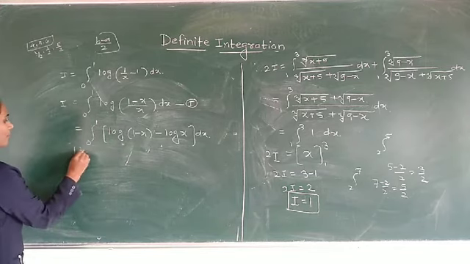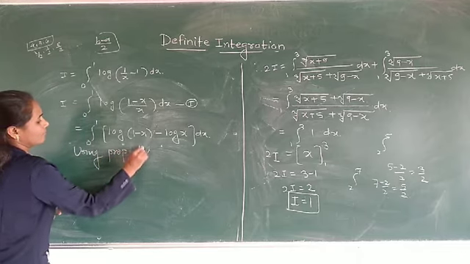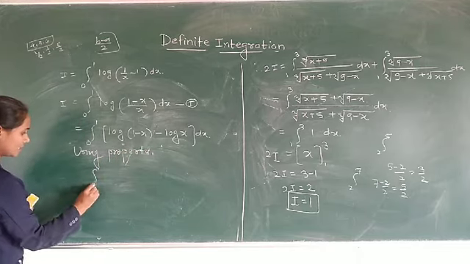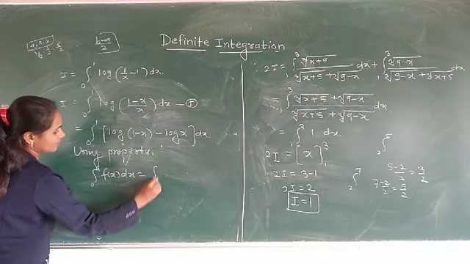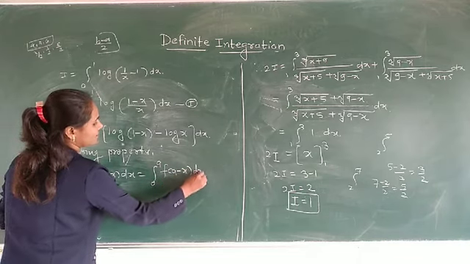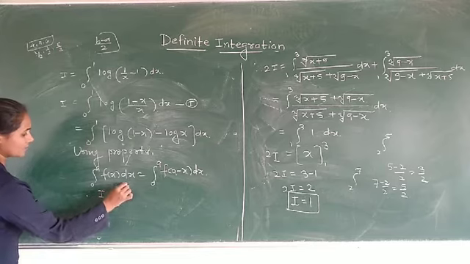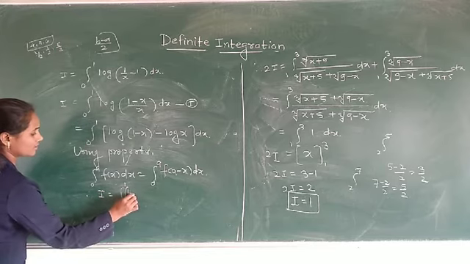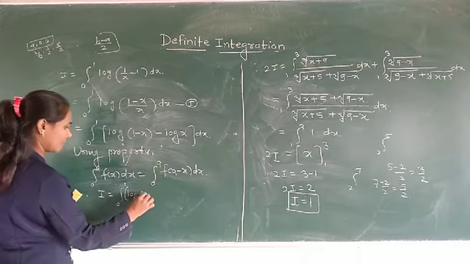Now using the property, which property do we use here? Integration from 0 to a of f of x dx is equal to integration from 0 to a of f of (a minus x) dx. Therefore here we will get I is equal to integration from 0 to 1, and instead of x we replace x by 1 minus x.